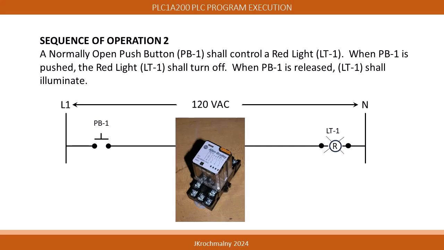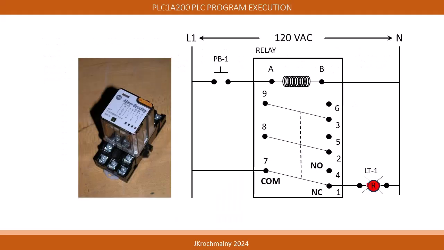The solution would be to utilize a common relay that contains a coil that becomes an electromagnet when energized, and associated contacts that are normally open and normally closed would respond. In this graphic, we see how this control relay can be wired into the circuit and meet the sequence of operation.